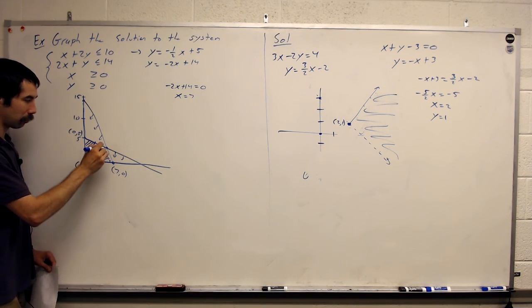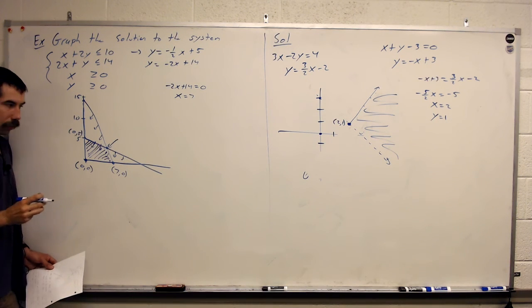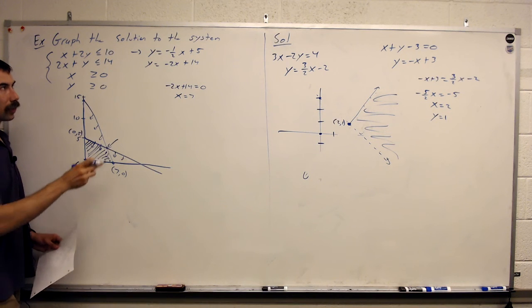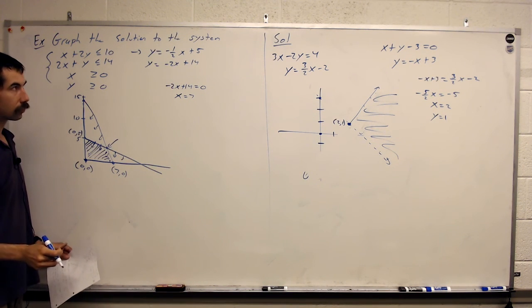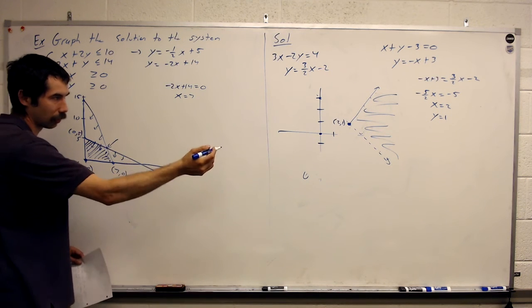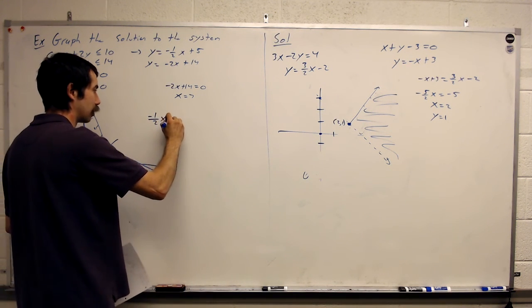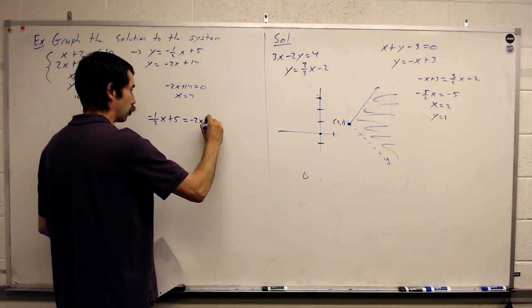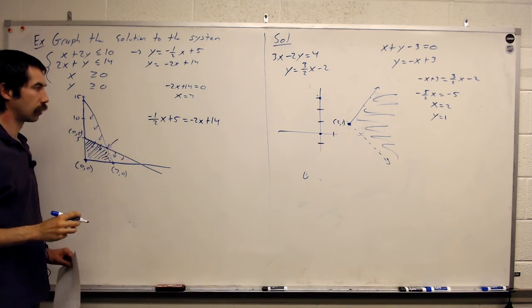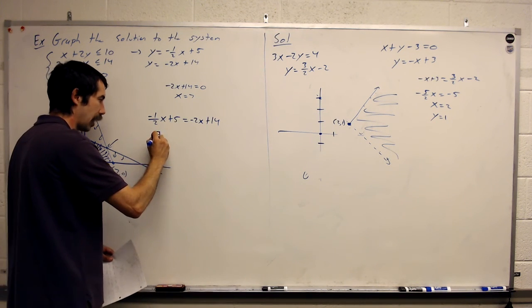And now we're stuck with this last corner. And so how do we get that? That is when these two lines intersect. So we could set them equal to each other, just like we did in the last example. So minus 1/2 x plus 5 equals minus 2x plus 14. Let's add the 2x over. That's 3/2 x.